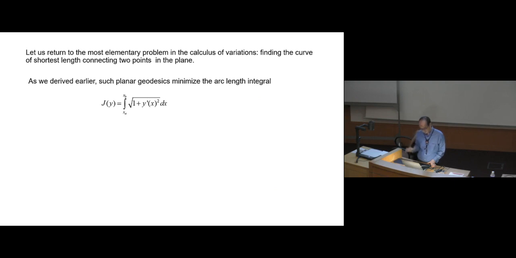This should be the Euclidean distance, or the straight line connecting two points. Of course, in some other space, under other conditions, it may not be a straight line. But in this case, we want to show it is a straight line if we define the distance on a plane.